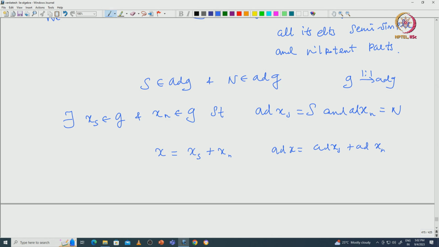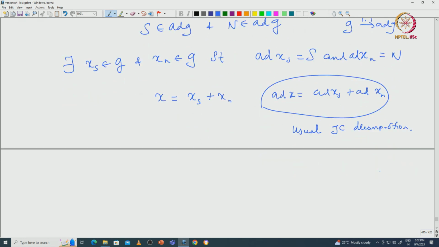Now, the way we have chosen x_s and x_n, ad x equal to ad x_s plus ad x_n becomes the usual Jordan-Chevalley decomposition.